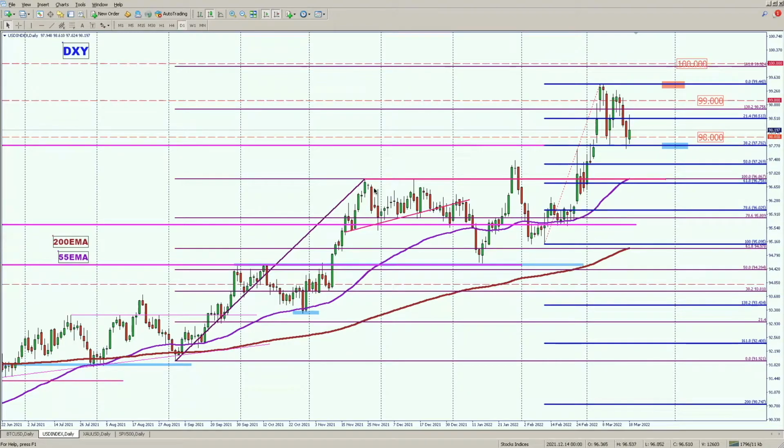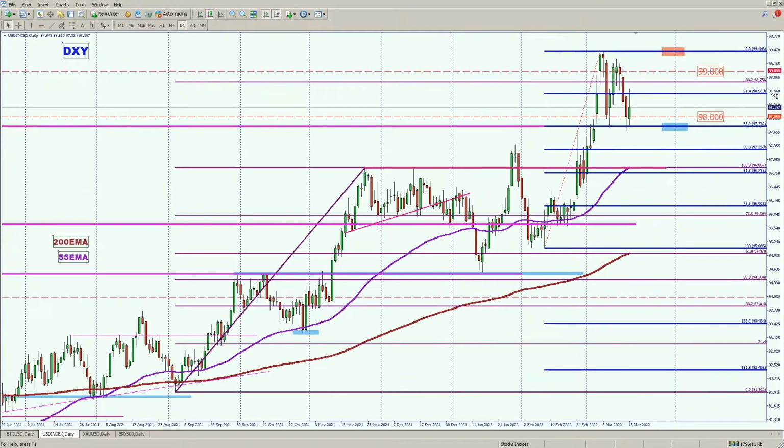The next target on this longer term FIB extension is at the 138, which is right close to the 100 figure. So we'll leave that for now.